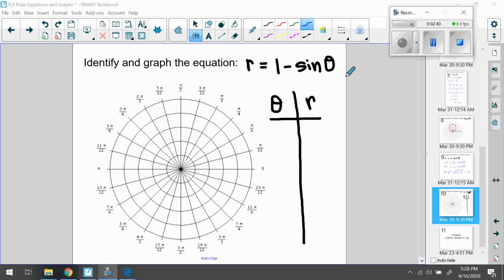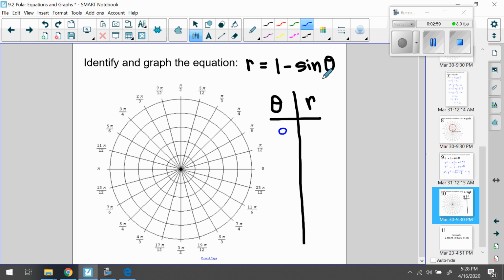Anytime I graph something new, I'm going to try to pick some friendly inputs. So the friendliest inputs I could think of are my quadrantal angles, like 0, pi, pi over 2, 3 pi over 2. So I think I'm going to start with those and see where that takes me.